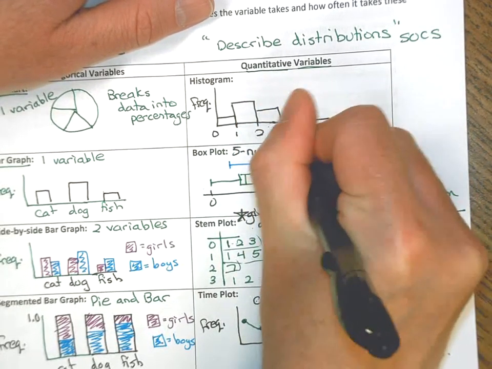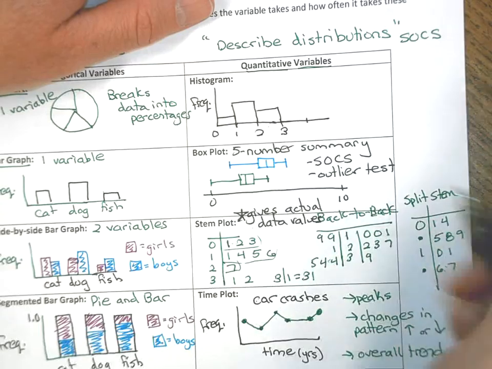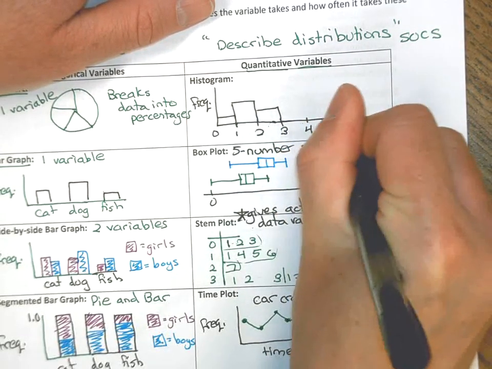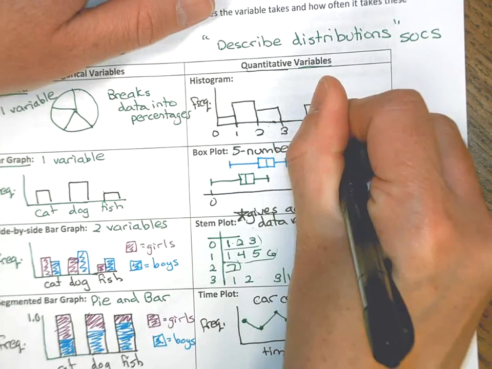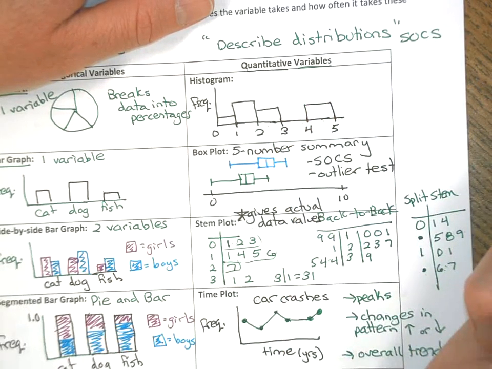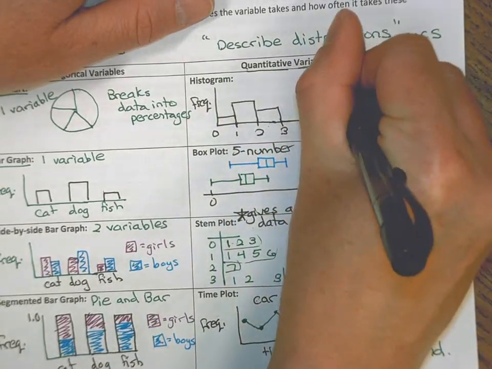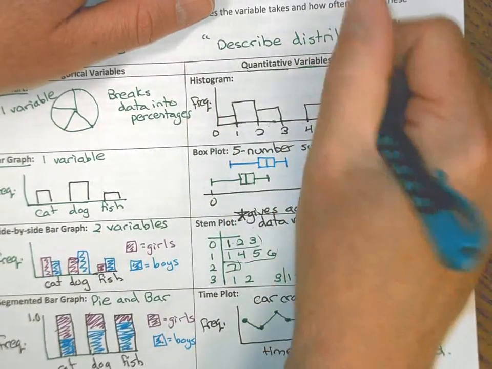And then just like I was mentioning down with the dot plot, you could have a gap, a peak, bimodal. So things to describe your histogram with, definitely you're going to want to talk about shape.